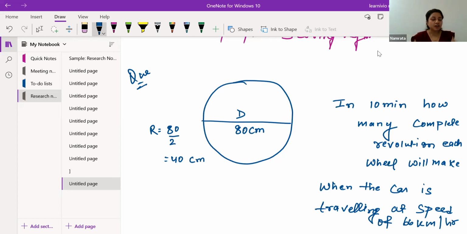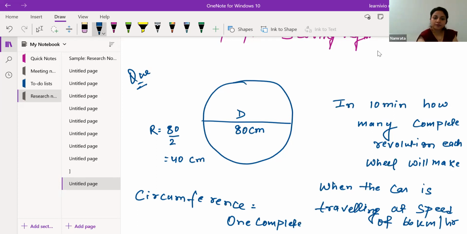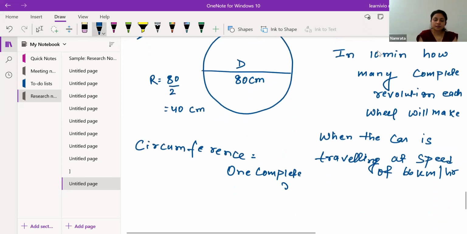So can I say circumference is equal to one complete revolution? Yes, ma'am. That's the meaning of circumference, one complete revolution.